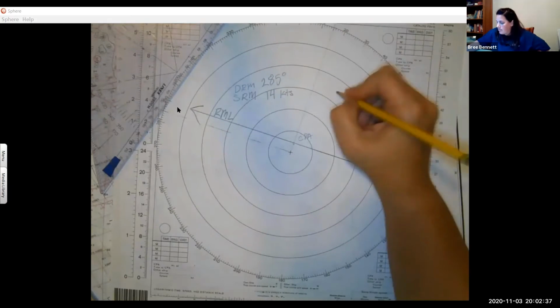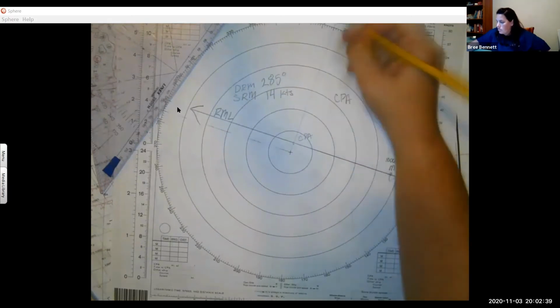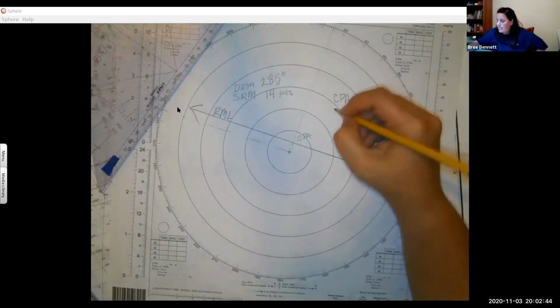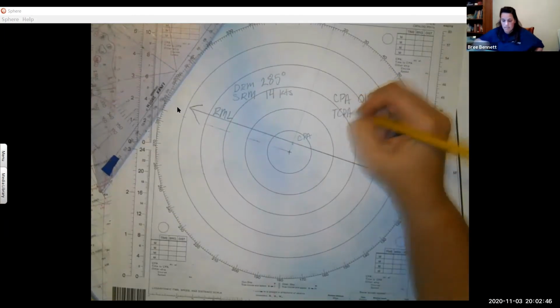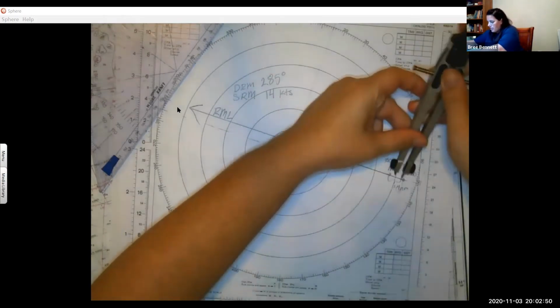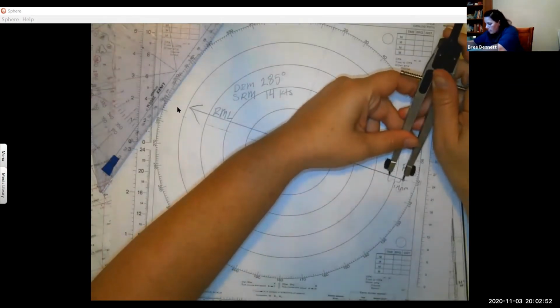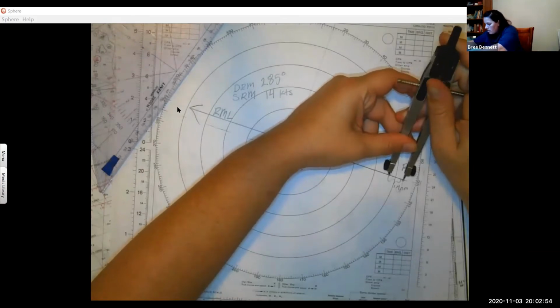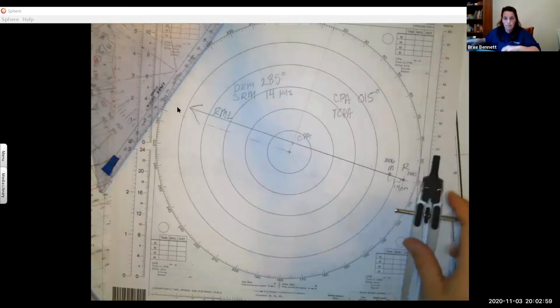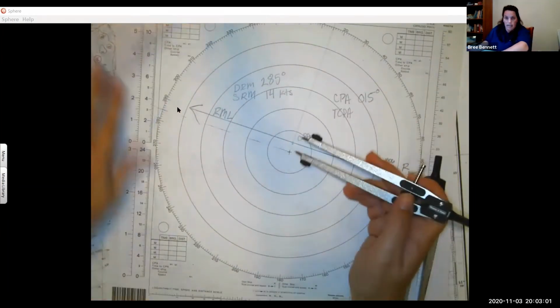My bearing of CPA is going to be 0.15. I forgot my distance of CPA.